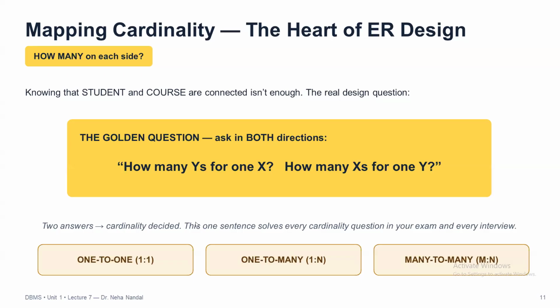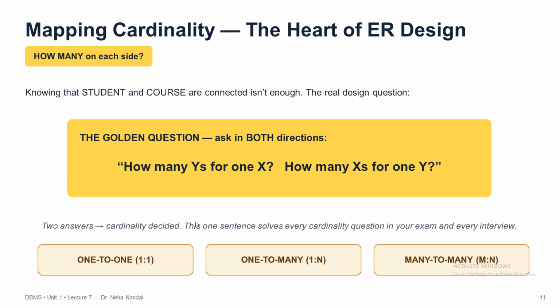Not just are they connected; we are thinking just about how your entity sets are connected. Is it enough? No. The real question is how many y's for one x and how many x's for one y. Okay, how many on each side? That means how many students are connected to how many courses.